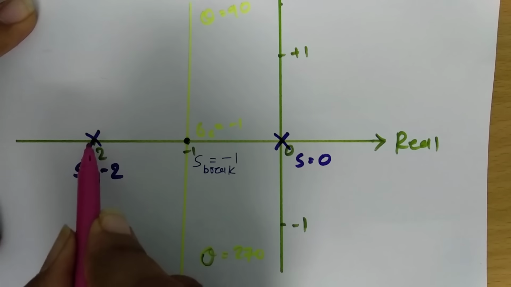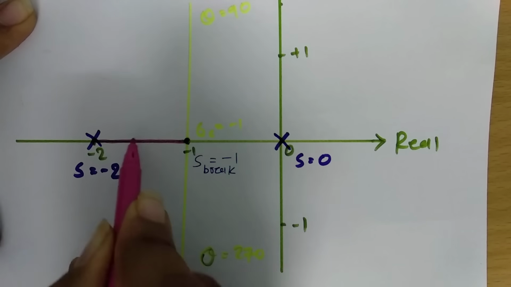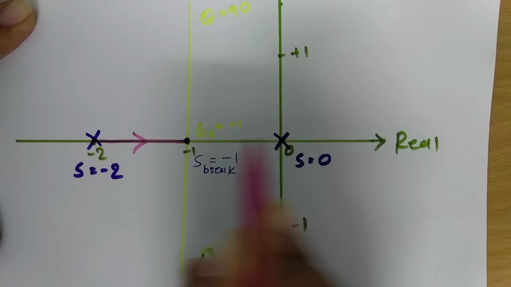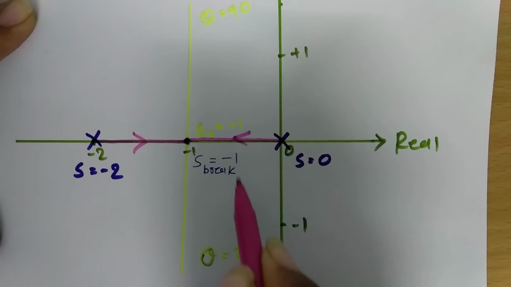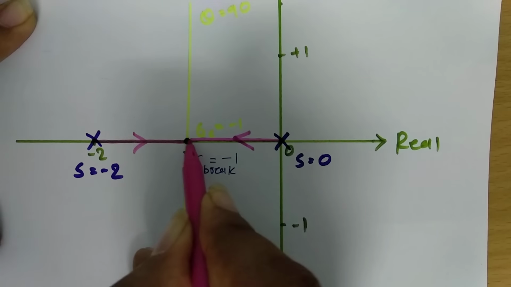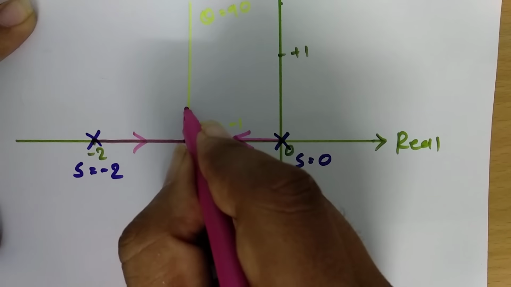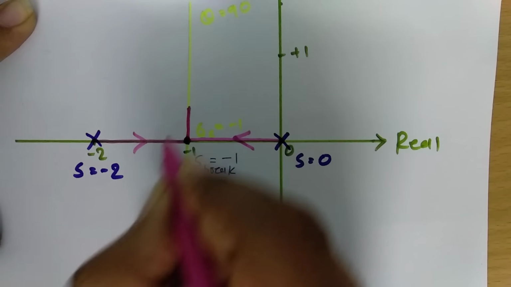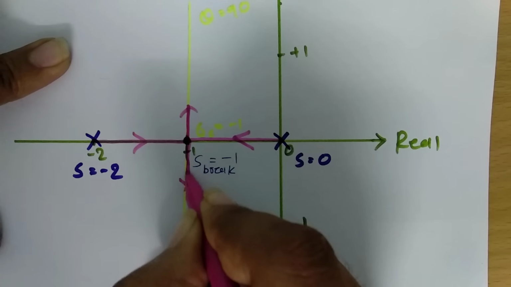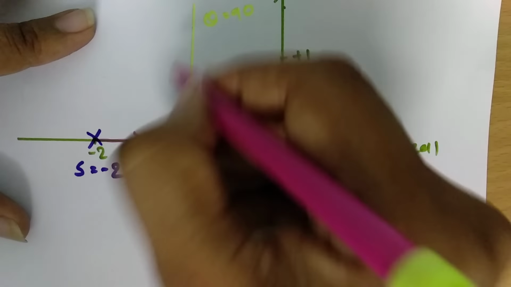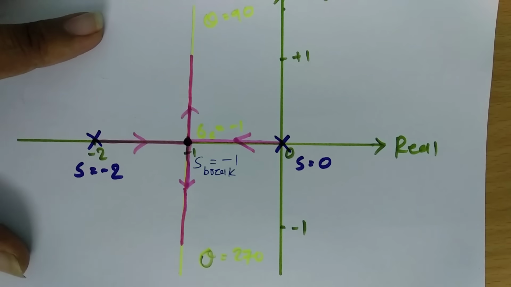So definitely whatever line emerges from here will go in this direction, and the line emerging from this pole will go in this direction, and they will break away at this point. And after breaking away, they will move towards the asymptotes. See, that is how it moves towards the asymptote.